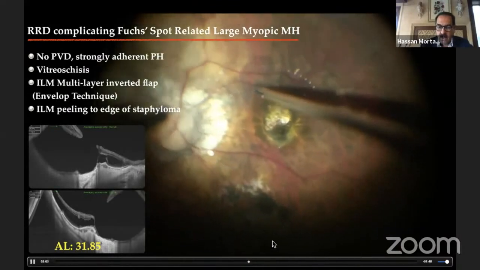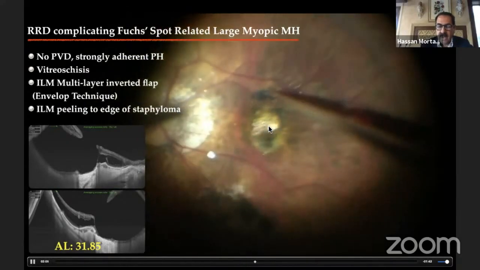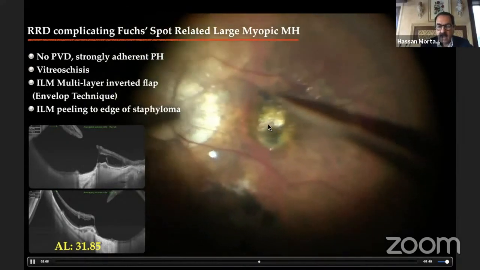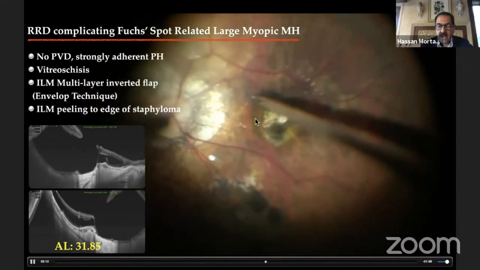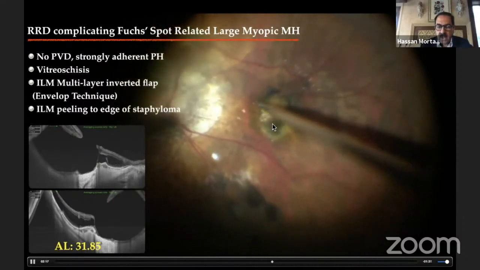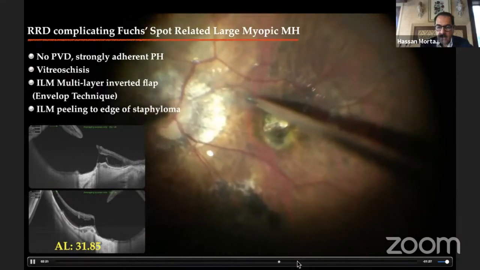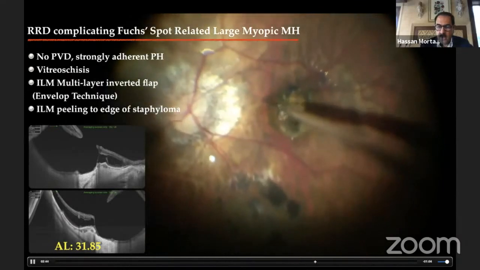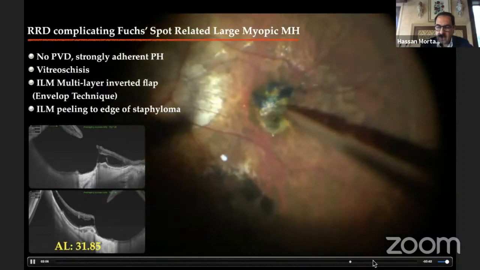The macular hole was large, and at one time I thought of creating an autologous retinal graft, but I decided to give the internal limiting membrane the first chance. So the ILM was brought over the macular hole from different directions.